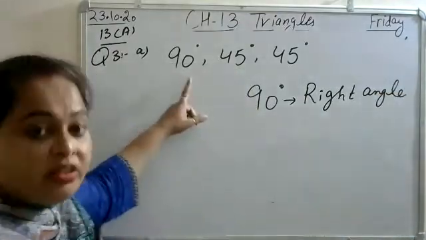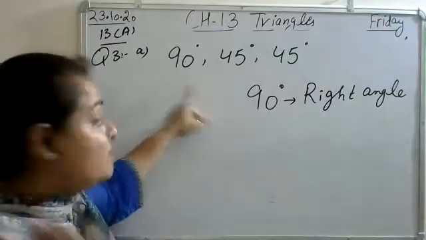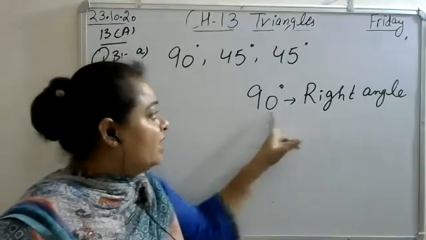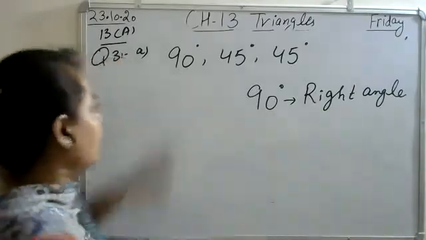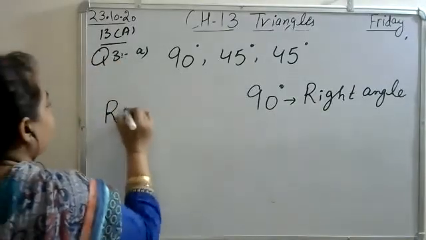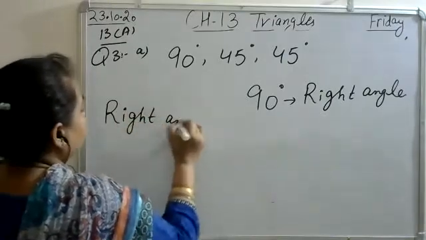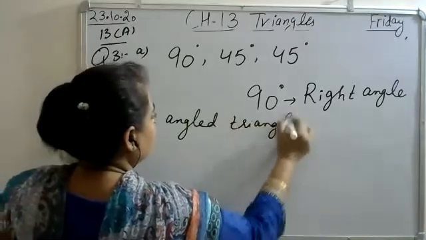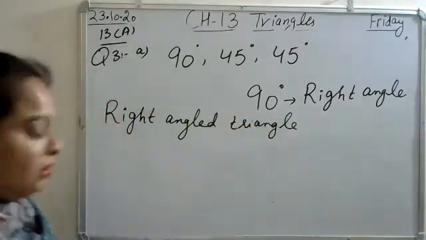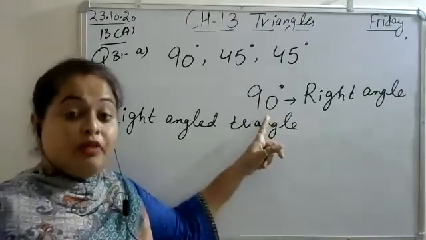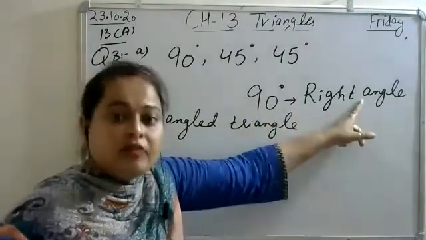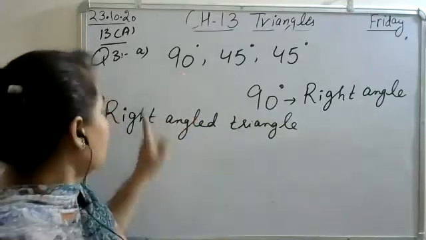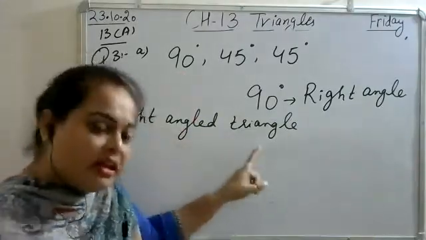So as one angle is exactly equal to 90 degree and 90 degree is a right angle, the name of the triangle is right angled triangle. So 90 degree is given, it means a right angled triangle is given.